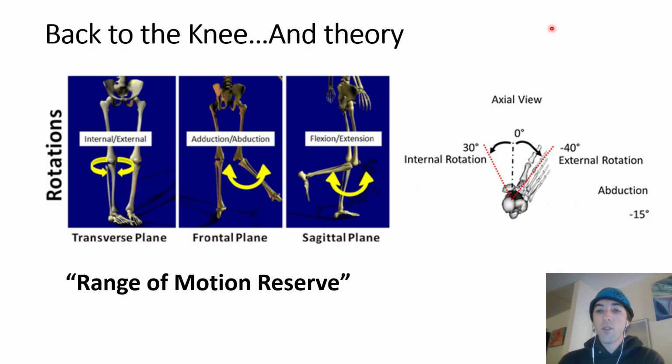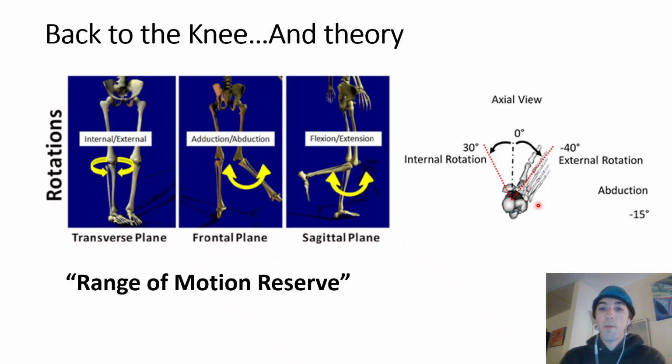So here we have a little figure showing the internal rotation and external rotation at the knee. And we can see here we have 30 degrees of internal rotation, potentially, and minus 40 degrees of external rotation.